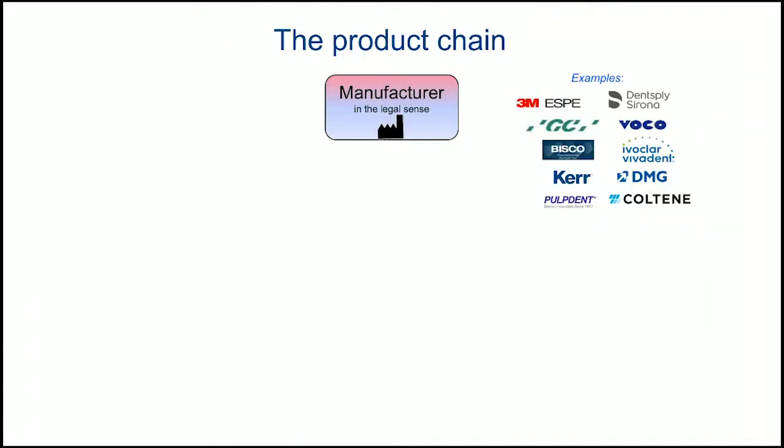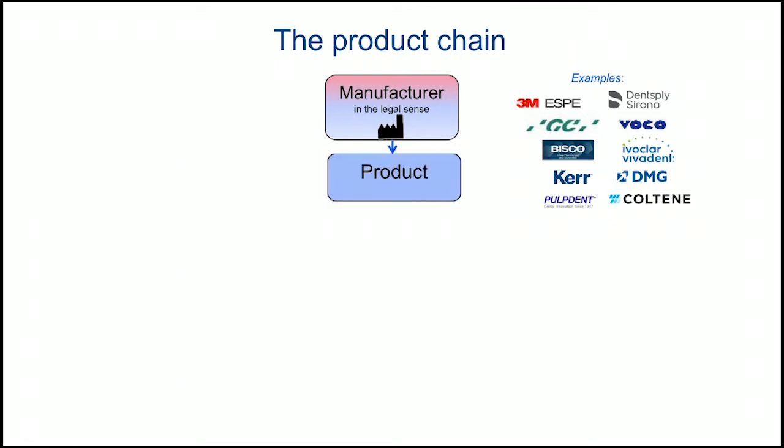The product chain, as we call it, starts with the manufacturer. And the manufacturers are the ones we are familiar with. Some are mentioned here. And there is a merging going on in the industry, so they change names occasionally.